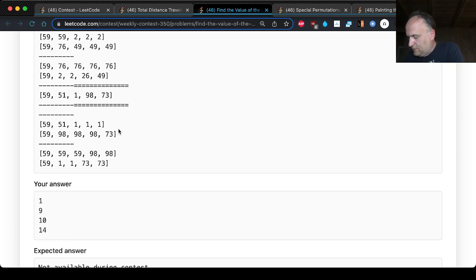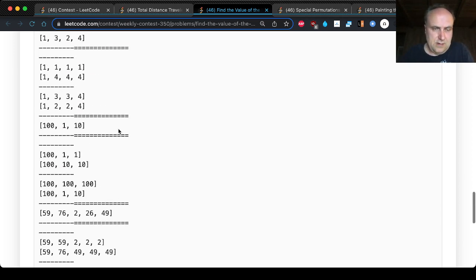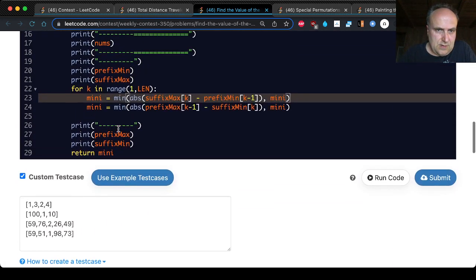Okay, no. Suffix max 0, 1. Let's invert it, I guess. Suffix.